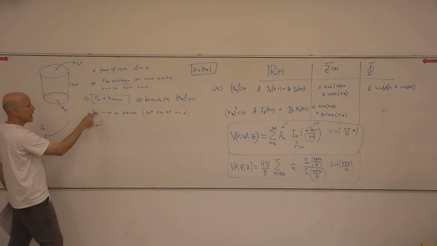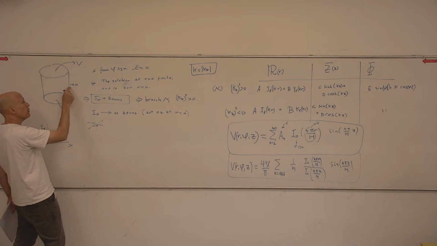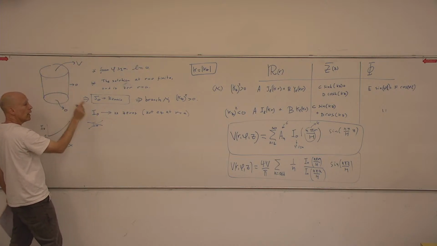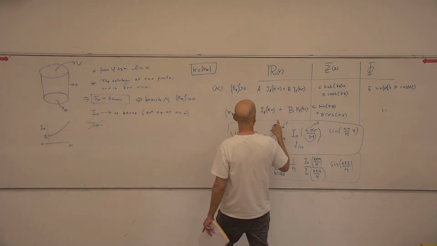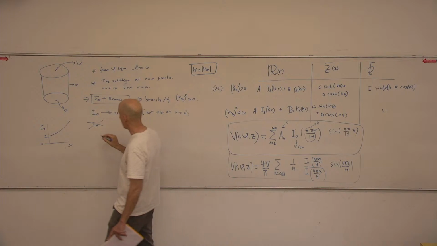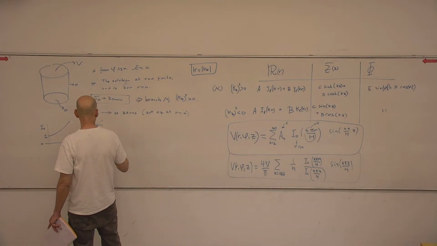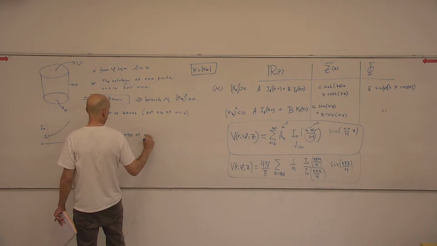This is the reason I disqualified it, not at R equals 0, which is in the middle, but at R equal A. The other two functions, which I'll discuss, even though we don't need them, are Y. They diverge at 0. So Y0 and K0 diverge at 0, and I disqualify them.